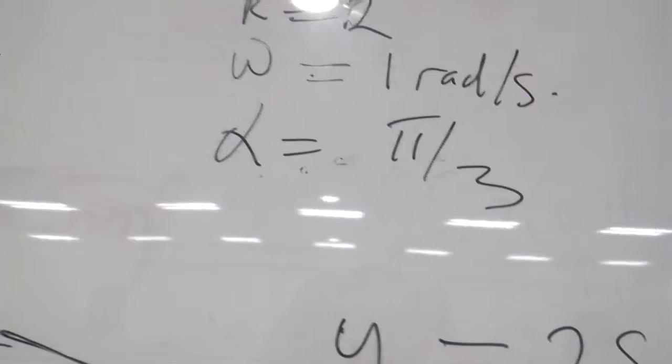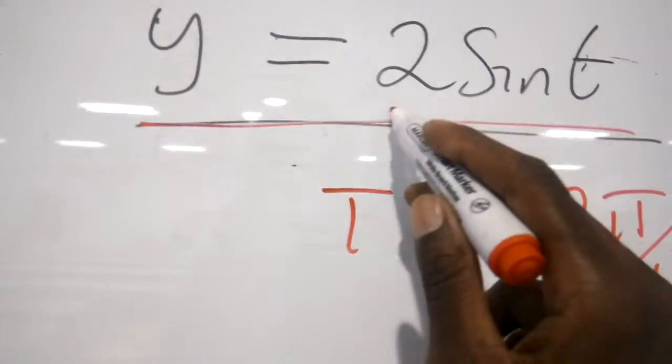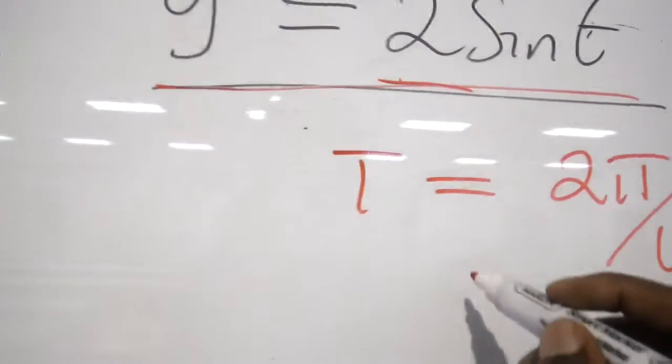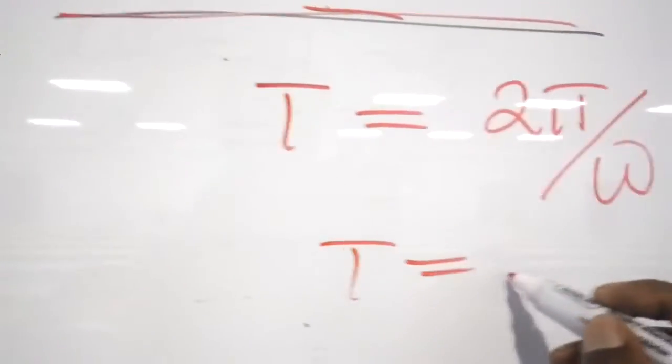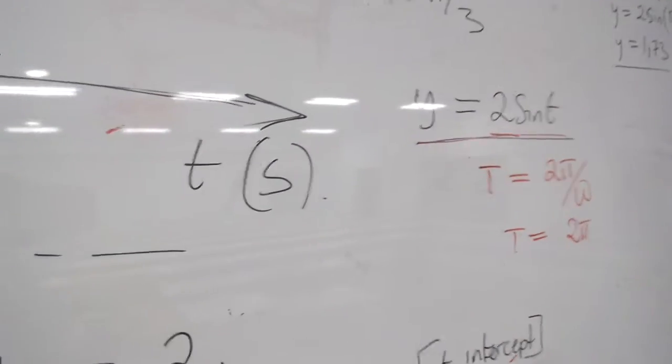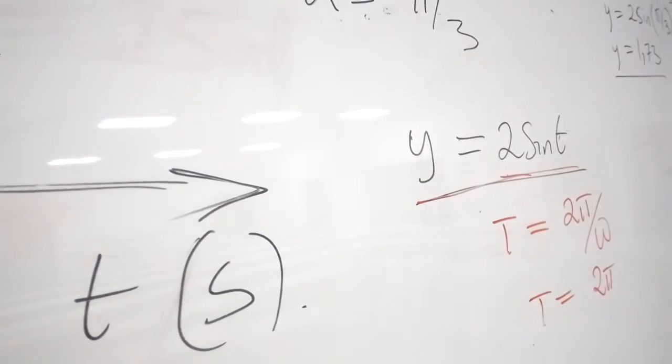If you look at our omega there, again it's 1, which means T is equal to 2 pi. So it's going to take 2 pi to complete one cycle. Remember, this is a sine wave, which means it starts at 0.